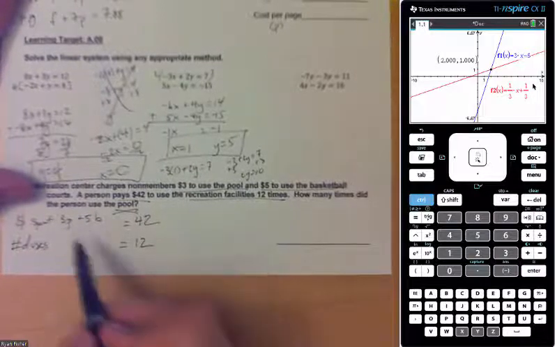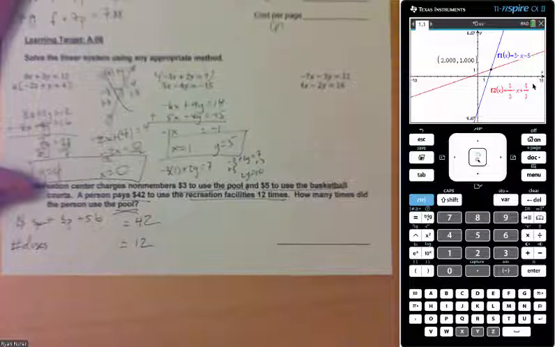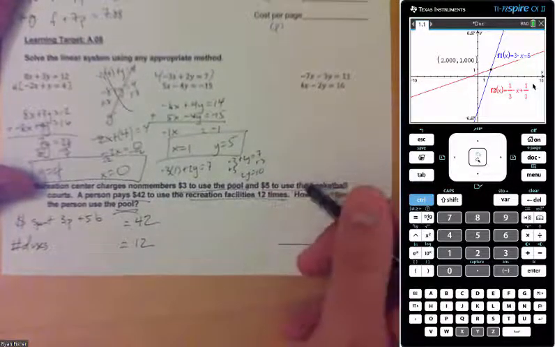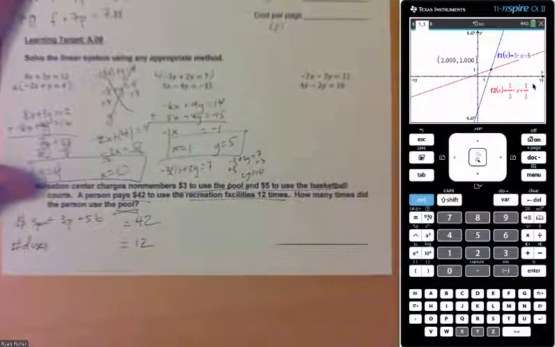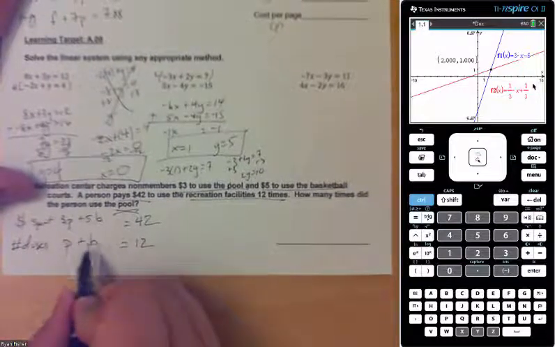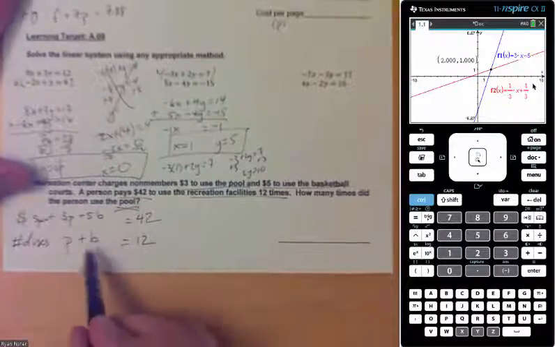So 3 times P, 5 times B, add them together, and that's the money I spent. That's $42. Similarly, if P is the number of times I use the pool and B is the number of times I use the basketball courts, then if I add those together, I should know how many uses I've done. P plus B has got to be 12.